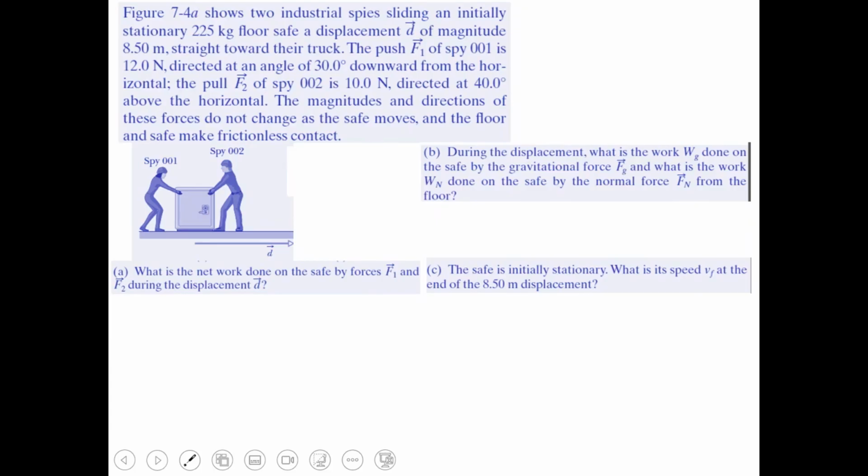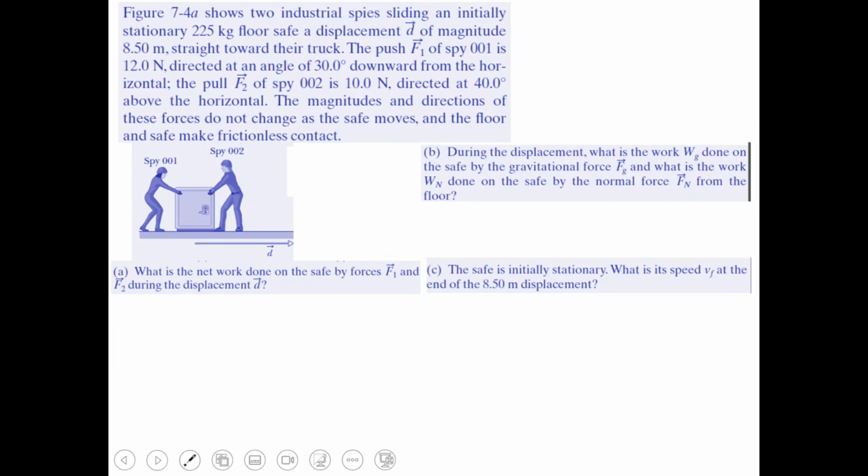The pull F2 of SPY 002 is 10 newtons directed at 40 degrees above the horizontal. The magnitude and direction of these forces do not change as the safe moves and the floor and safe make frictionless contact. So I don't have any friction. I don't have to worry about the work done by friction.